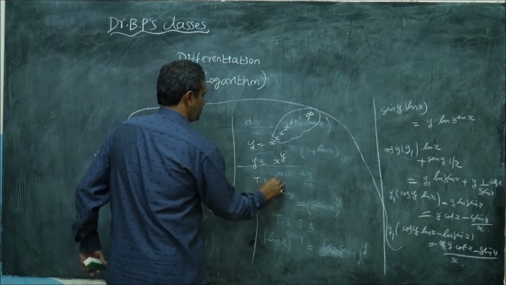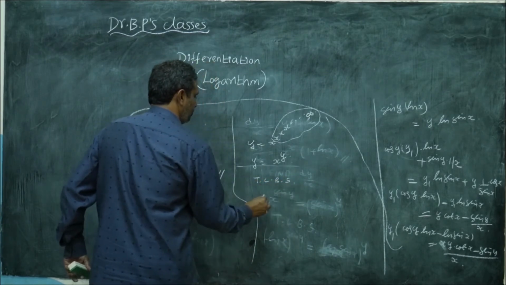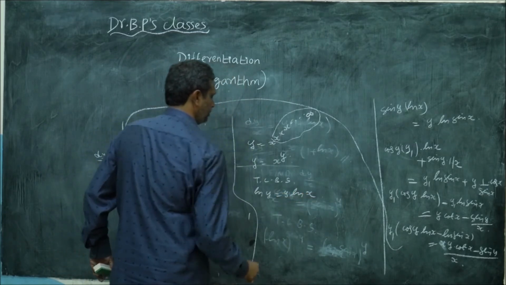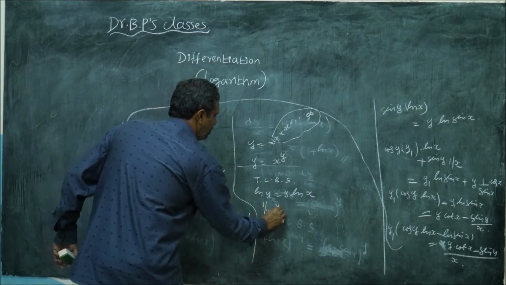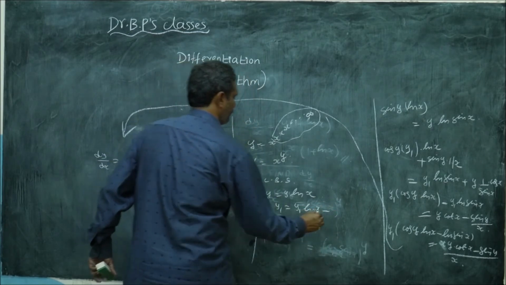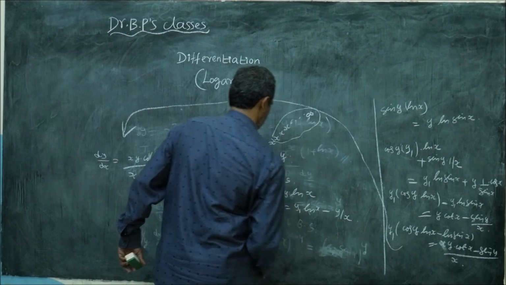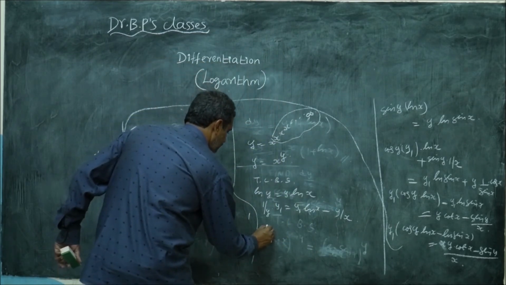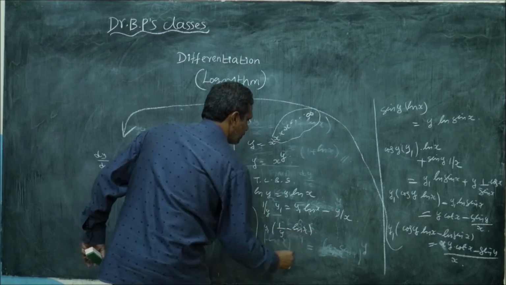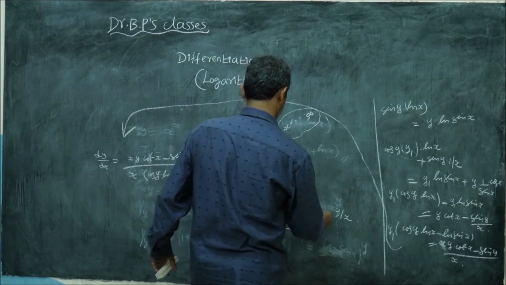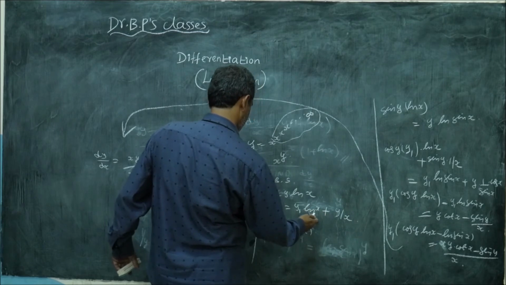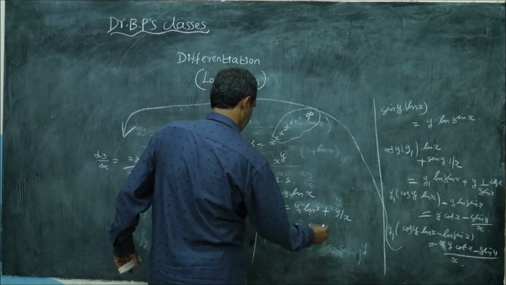So take logarithm on both sides. Then log y is equal to y log x. Then 1 by y, y1 is equal to y1 log x plus y by x. Sorry, plus. If you bring all y1 terms to this side, y1 into 1 by y minus log x is equal to y by x.